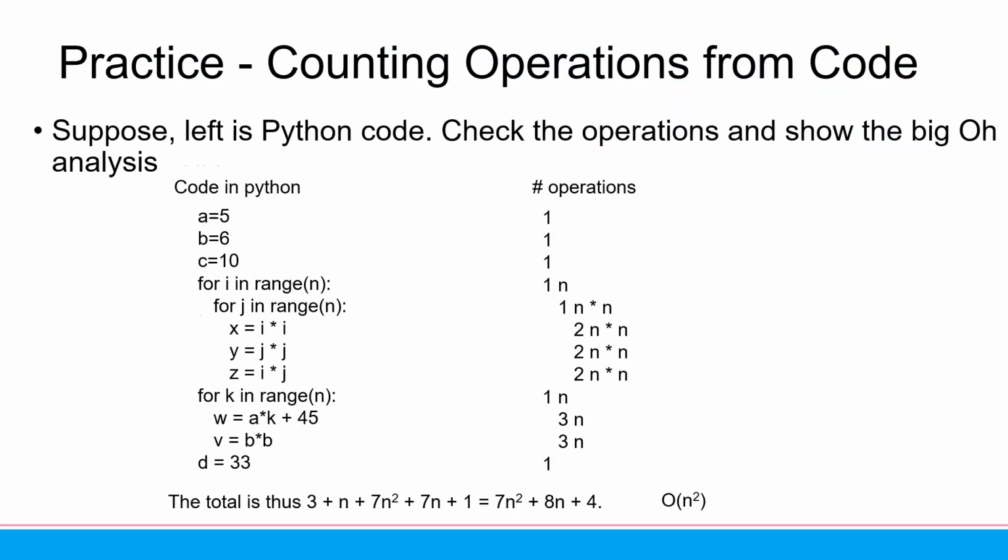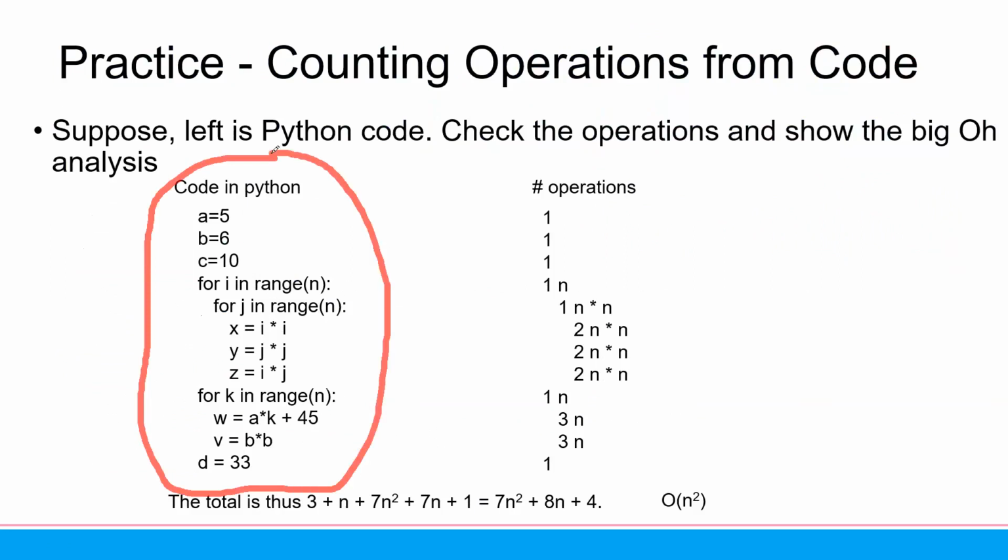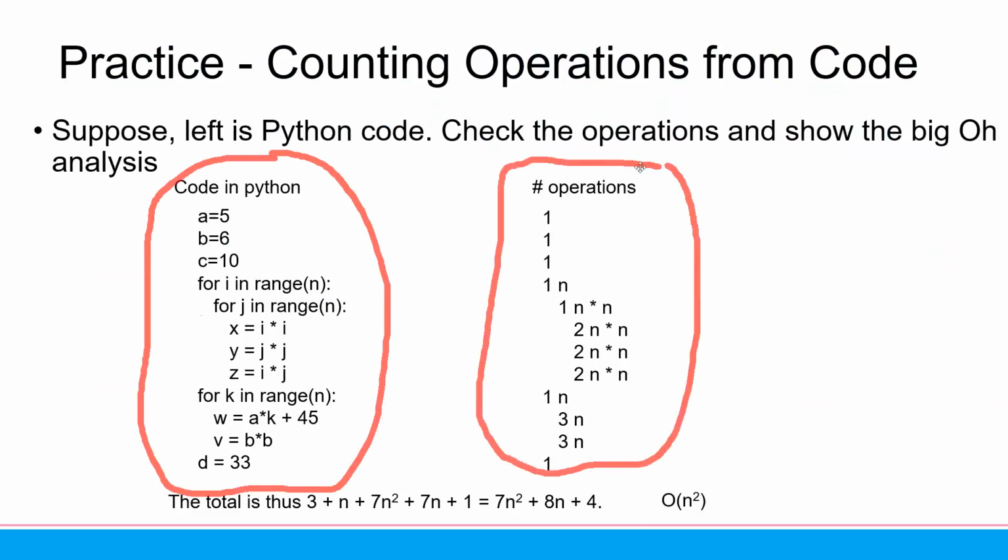Maybe there will be a question like this one. How can we count the operations? This is the Python code, so I give the result here. So a equals 5, this is one operation. b equals 6, this is one operation. c equals 10, so this is one operation.